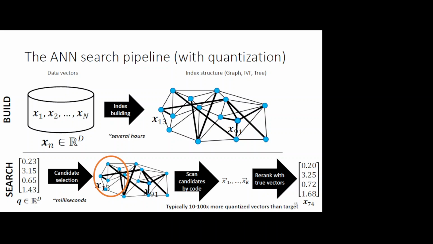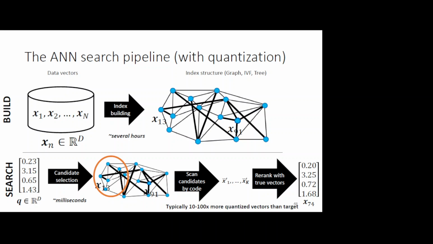If they are compressed, you can fit all of them in your small memory. So we compress all the data points here and use the graph structure. But when you compute their distance, it is inaccurate because you only compute it using the product combination and compute the asymmetric distance here.